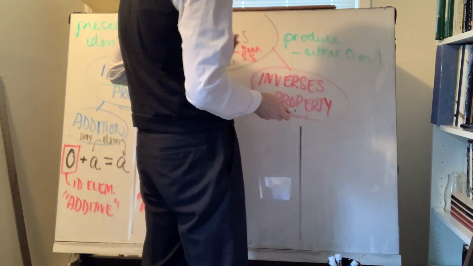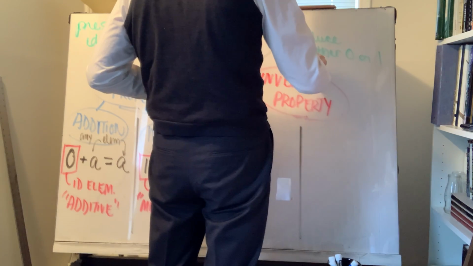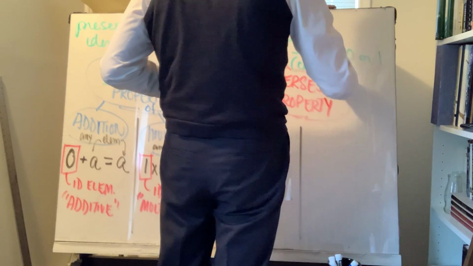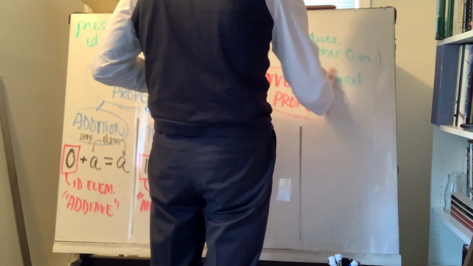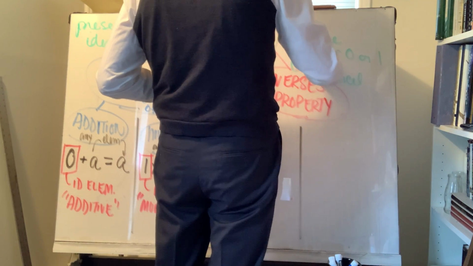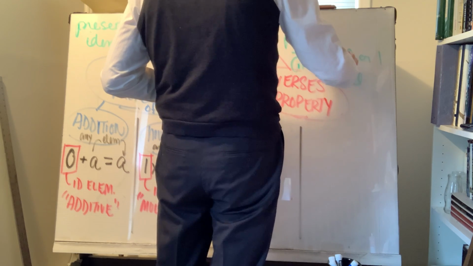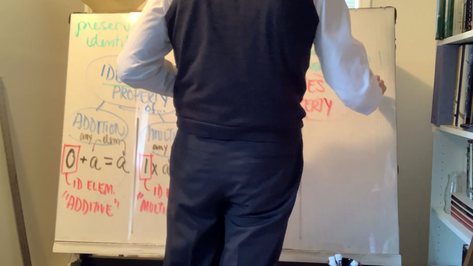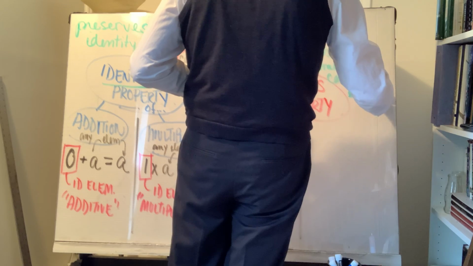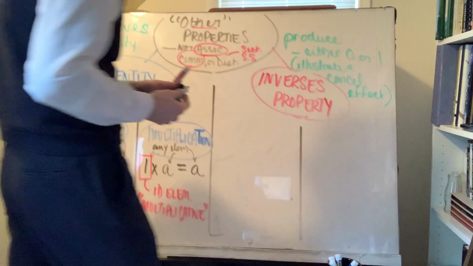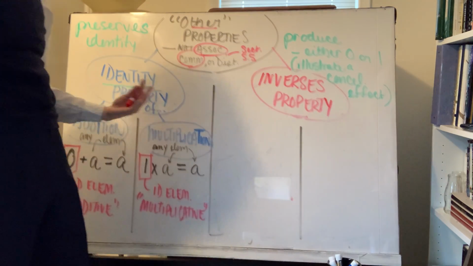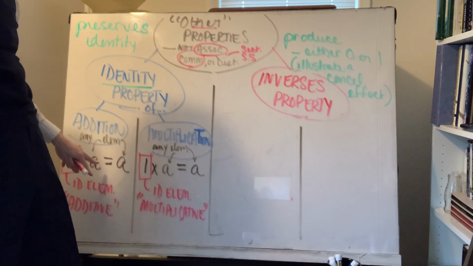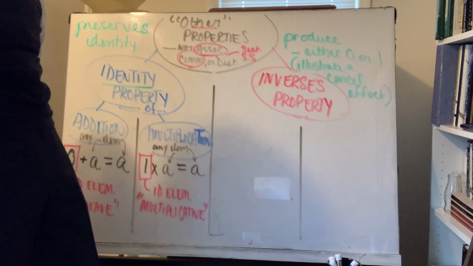They basically cause a cancellation effect. Well, they illustrate a cancellation effect. Okay? The result of them is that you either get 0 or you get 1. You get an identity element spit out at you. That is on the right side of equals if you're writing it.